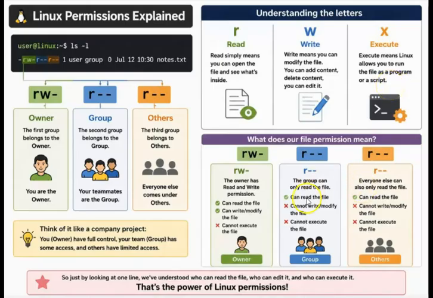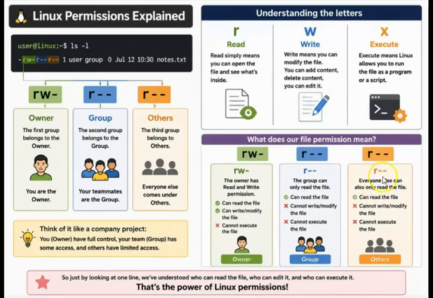Now look at our file again. The permissions started with rw-, so the owner has read and write permission. But notice something: there is no x. That means the owner cannot execute this file. Similarly, r-- means the group can only read the file, they cannot modify or execute it.